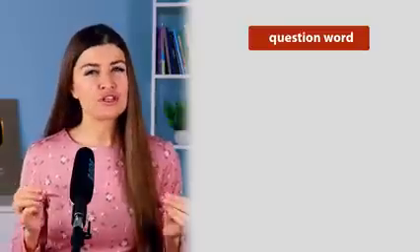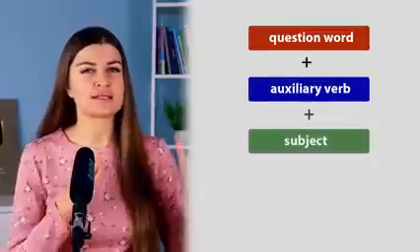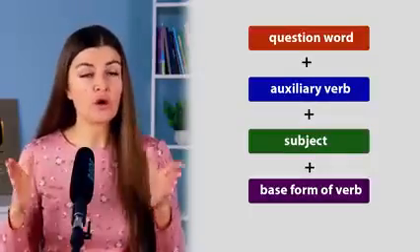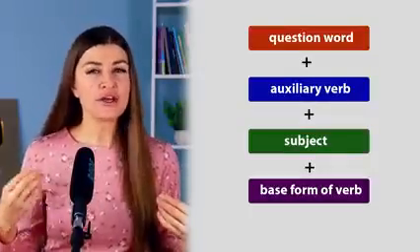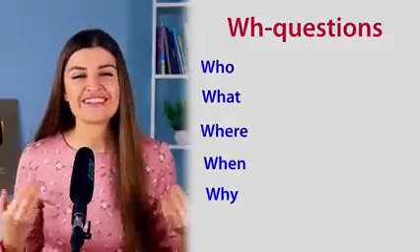When we ask a WH question, we usually put a question word plus an auxiliary verb plus subject plus base form of a verb. WH questions are questions we ask using words that start with WH like who, what, where, when, why, and how.